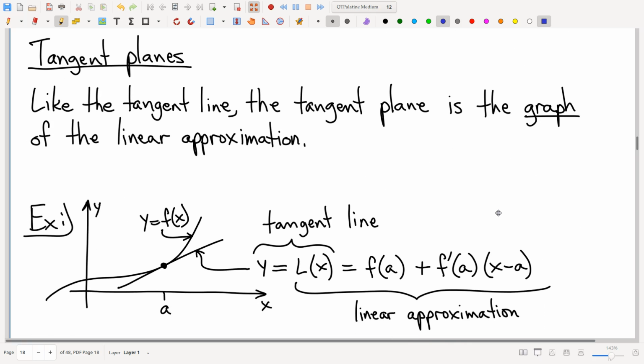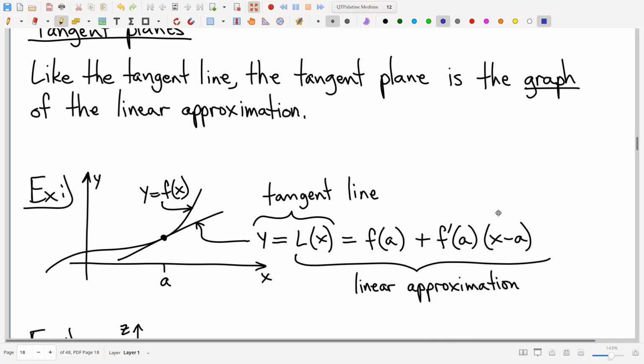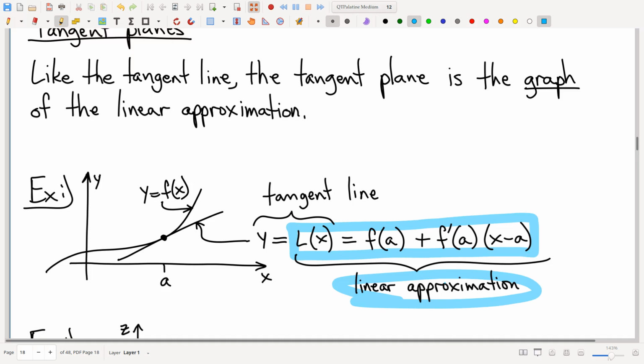Okay, last thing we'll do today, and then we'll call it a day. Eventually we're going to develop tangent planes, but let's start with a flashback to single variable calculus. And y'all remember, here's this function right there. That's what we've called our linear approximation. In Calc 1 classes, my experience has been that they are very often sloppy about the distinction between the linear approximation and the tangent line.